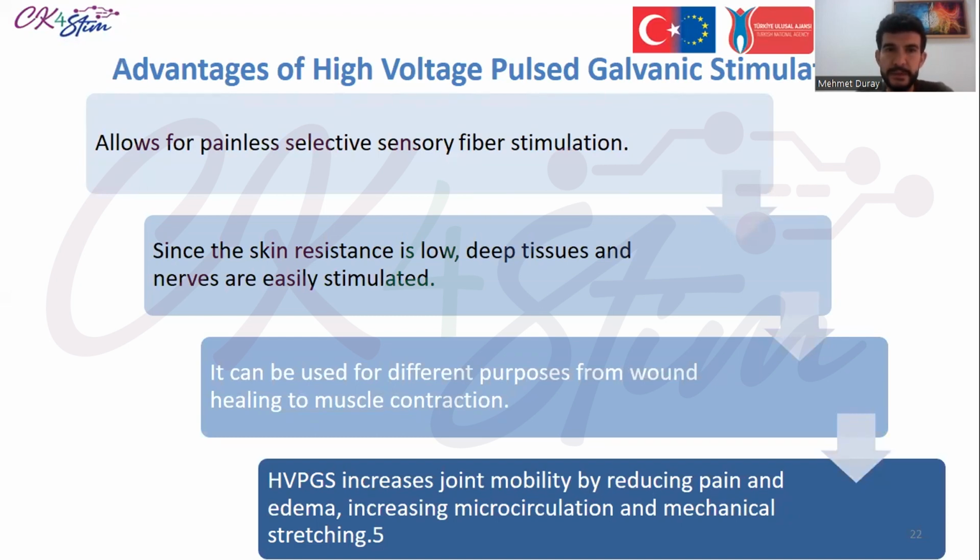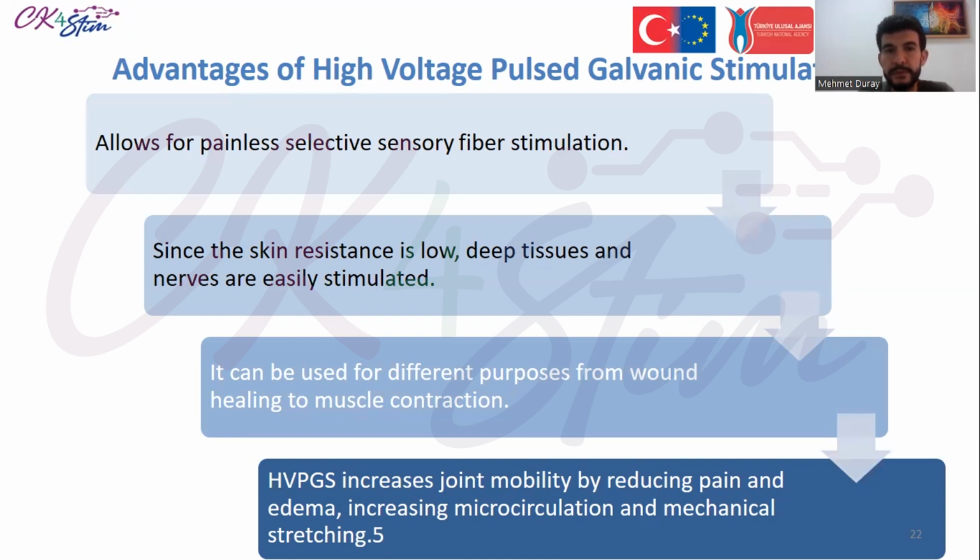In terms of advantages of high voltage pulse galvanic stimulation, the current allows for painless selective sensory fiber stimulation. Since the skin resistance is low during the application, deep tissues and nerves are easily stimulated.